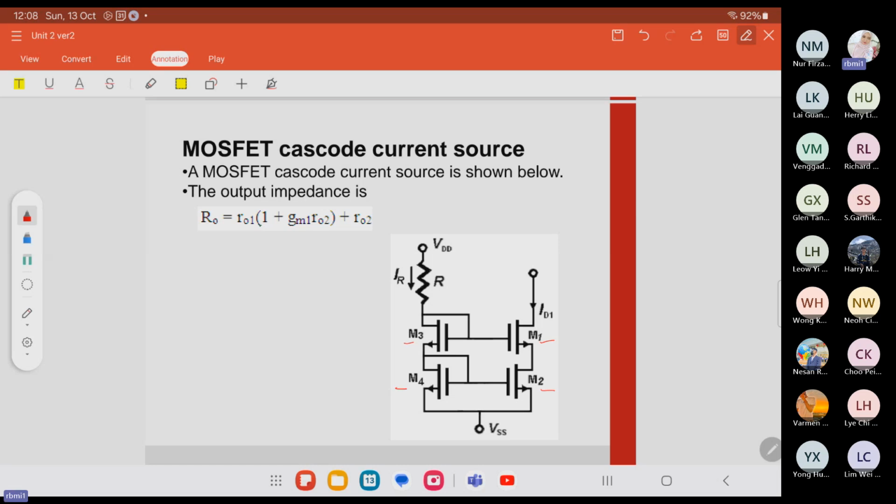For the R0 value, the output impedance is small r0 1 plus gm1 r02 plus r02, meaning that it takes into consideration this part, for the R0 output port.